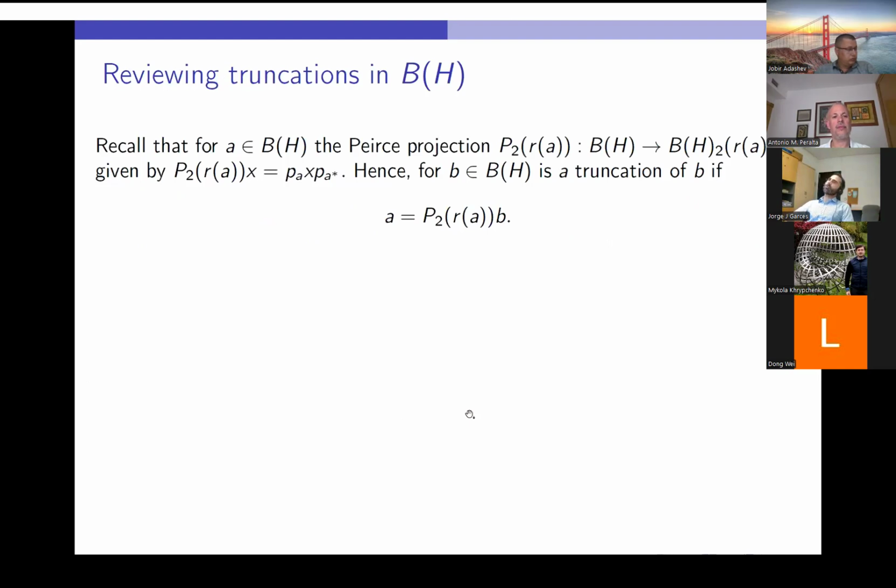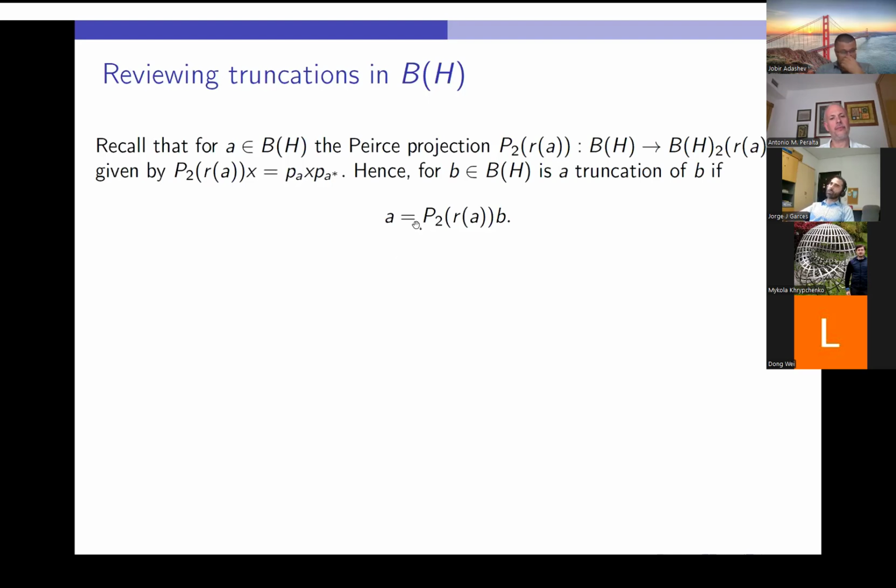So now we're going to review truncations of operators. We go back to the original setting, which was B of H. Remember that we saw that the Pierce projection was given by this formula here, right? And also, you know, these two projections were the final and initial projections of the range partial isometry.